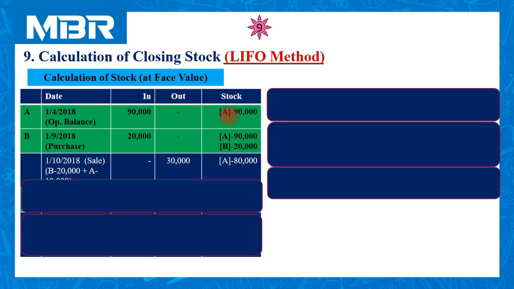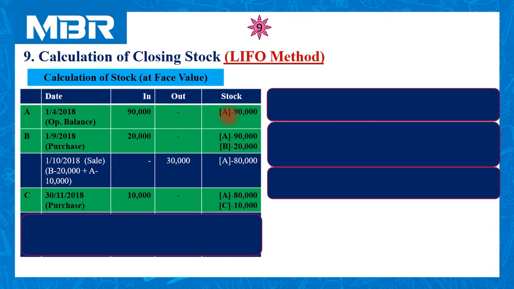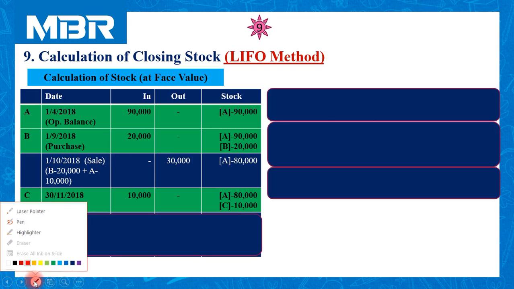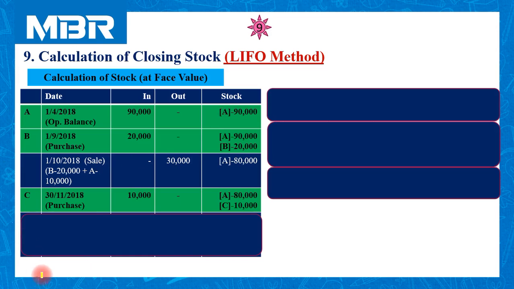Now on 1st October 2018, we needed to sell for rupees 30,000, and you need to understand how to sell that. First of all, we need to sell from the last lot of purchase, and the last lot of purchase is 20,000. So out of these 30,000, we will sell 20,000 from B and 10,000 from A.